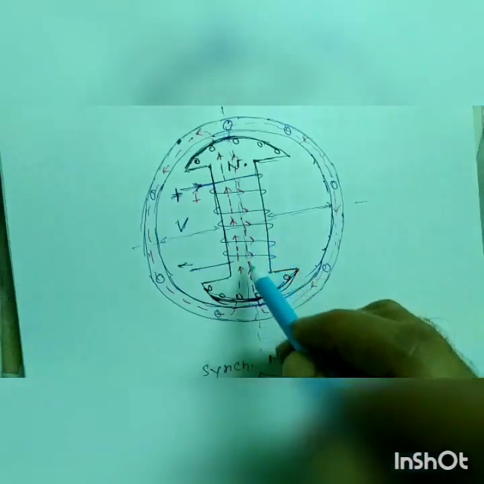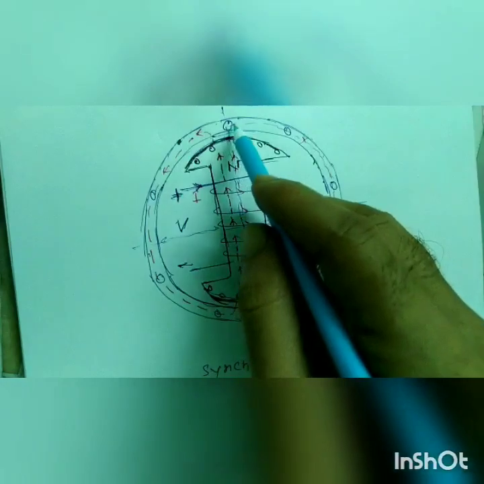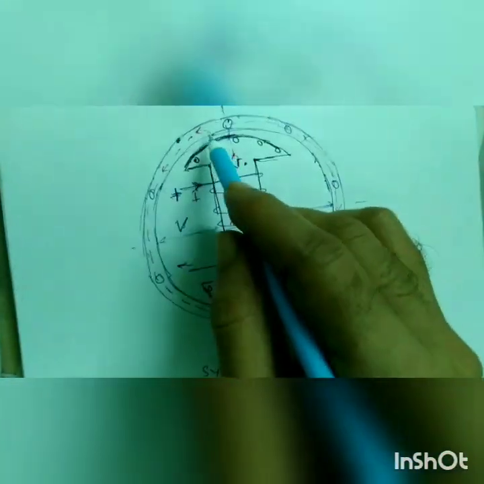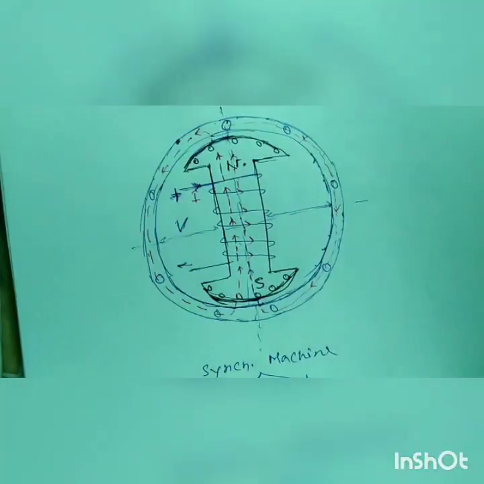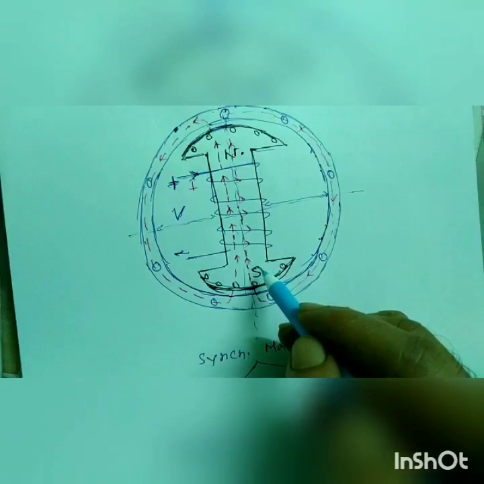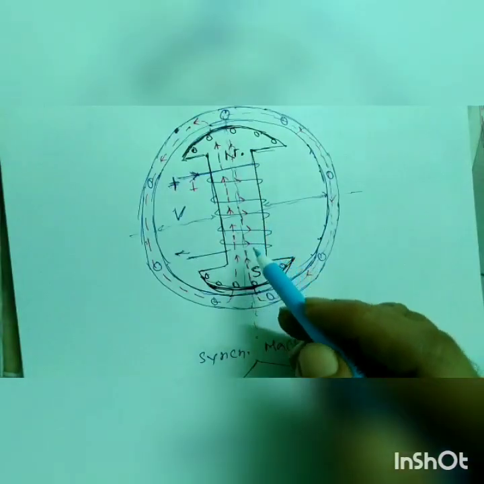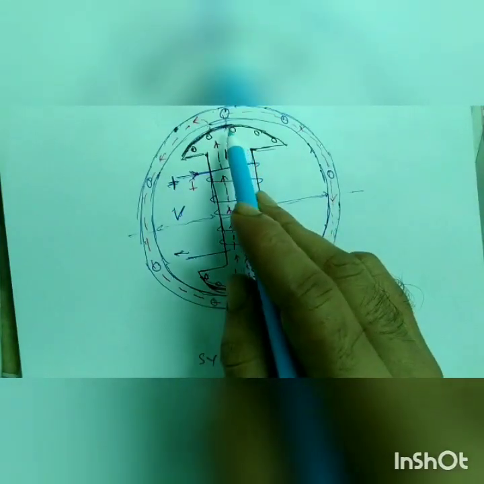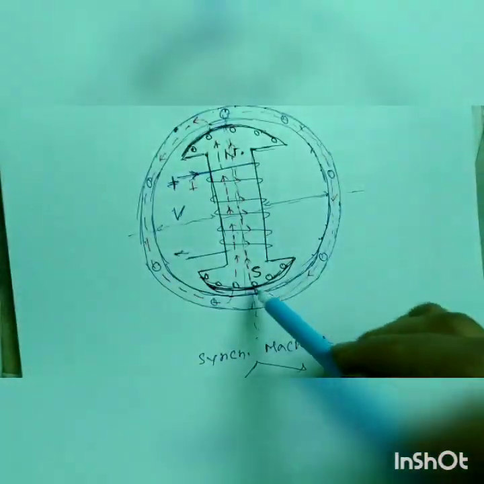So flux will flow in that upward direction, and here also in that direction. So we know that inside the magnet the flux flows from south pole to north pole, and in the outward direction from north pole to south pole.